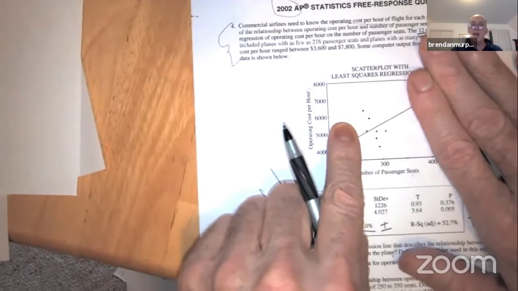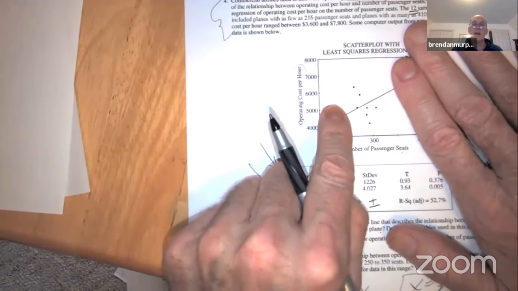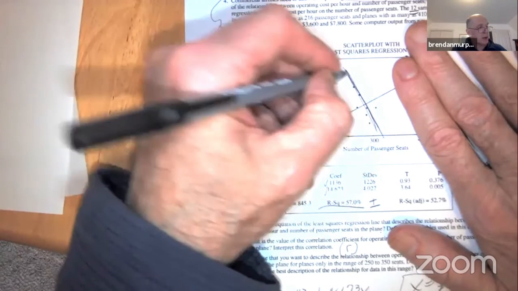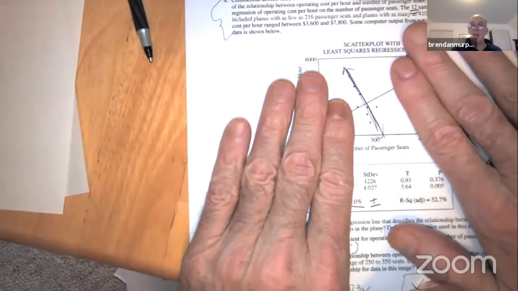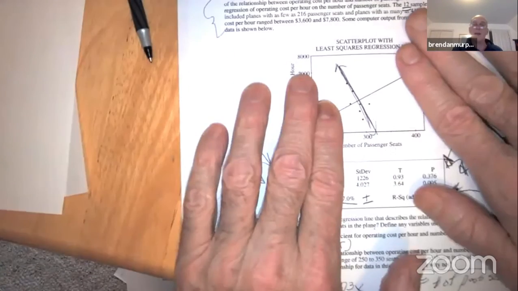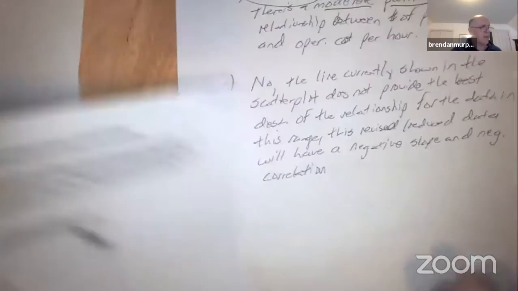Well, if I get rid of those 5 data points, this line here is not doing a very good job at all of modeling those points. Eyeballing it, my least squares regression line might look something like that. It's clearly negative. And so, no, the current least squares regression line is not very good for modeling those 7 data points in that restricted range that they gave me.